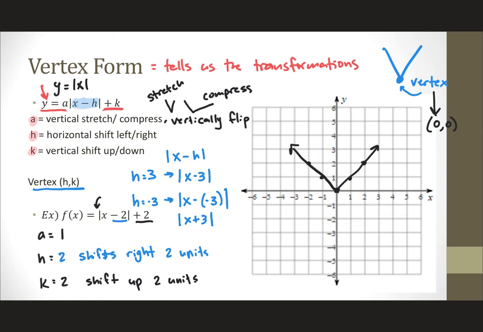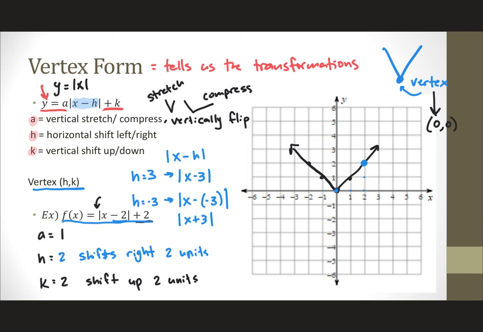Now, if I were to transform this graph to this one, I'm just going to take each one of my points and move it the exact same way that I talked about. I'm going to move each point right 2, up 2. So my vertex goes right 1, 2, up 1, 2. There's my new vertex.